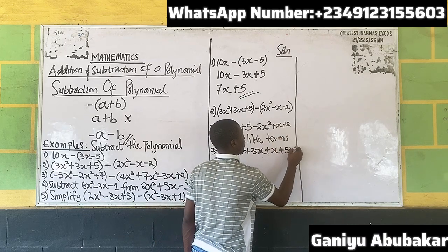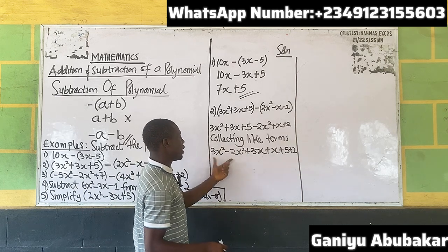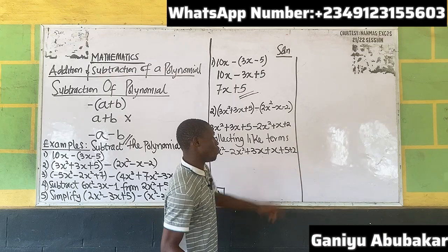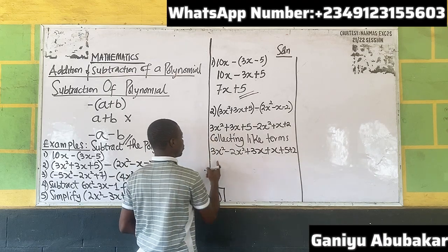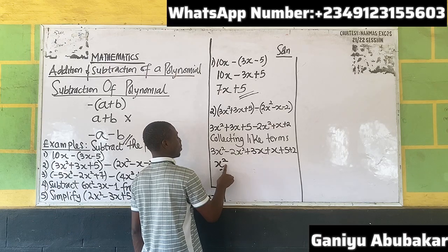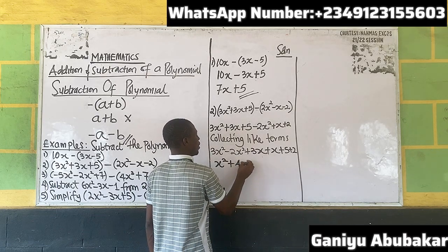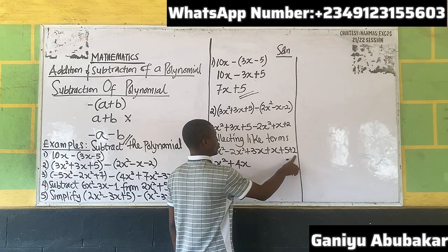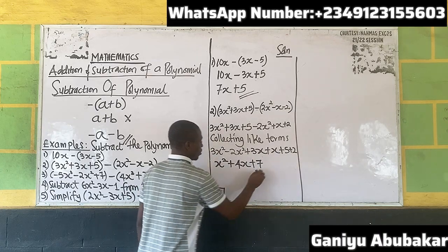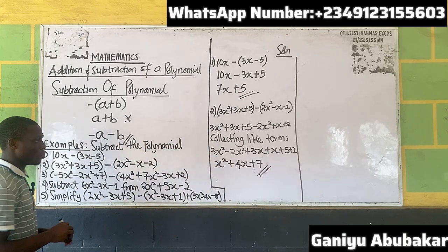Alright, say I pick one, I have x squared together, x together, constant term with constant term together. This gives you 3x squared minus 2x squared gives you x squared, plus 3x plus x gives you 4x, plus 5 plus 2, that gives you plus 7. Alright, this becomes the final answer to this particular question 2.